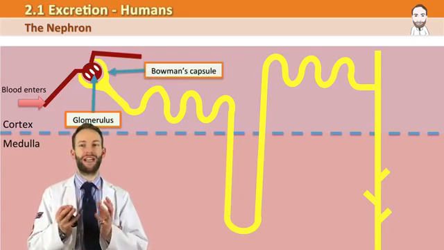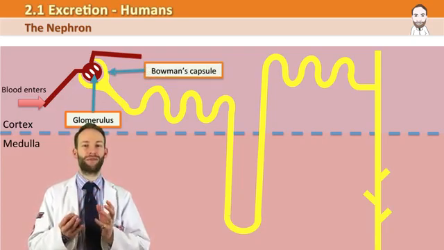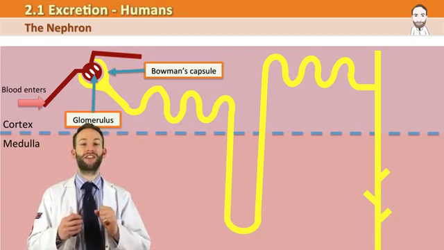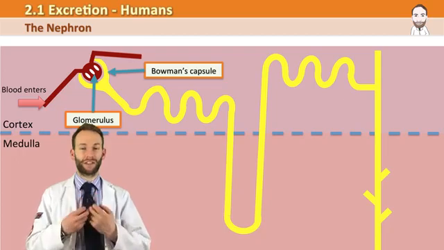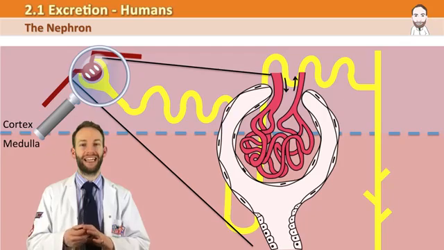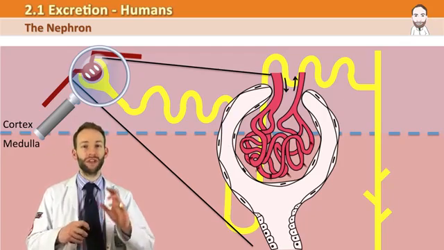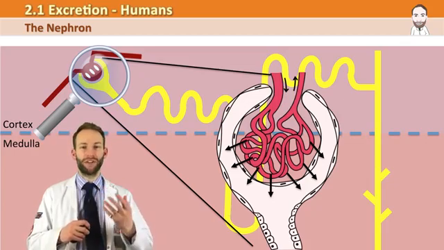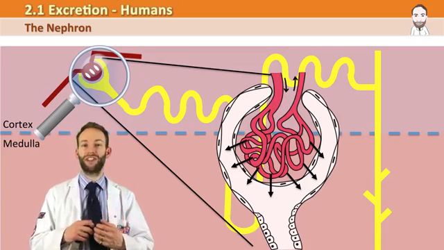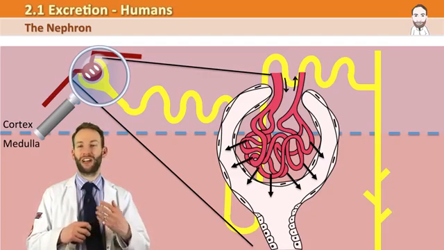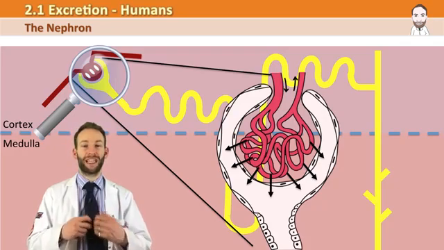It is surrounded by a cup called the Bowman's capsule, which is the beginning of the nephron tubule. Because the blood is under such high pressure, lots of stuff starts getting forced out of the blood at this point and is collected in the Bowman's capsule. All of the small parts of the blood are included: most of the fluid, and all the products of digestion dissolved in the plasma, like glucose, amino acids, water, fats, ions, and the urea get forced out.